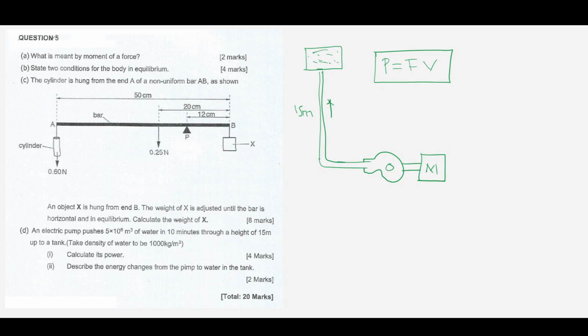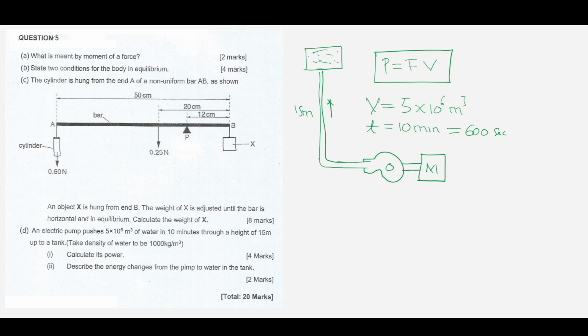So we have the volume of water. Volume is equal to 5 times 10 power 6 cubic meters. Okay, what else have we been given? We've been given the time. So we have time, which is 10 minutes, which is the same as 10 times 60 seconds. So this is 600 seconds.